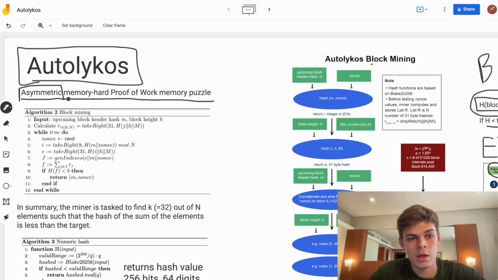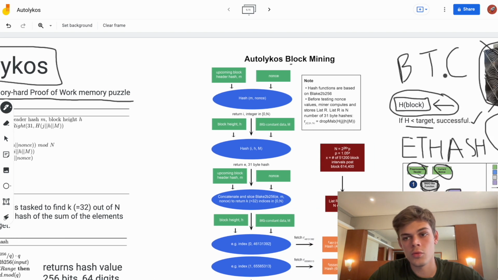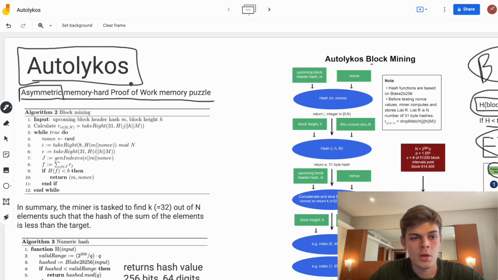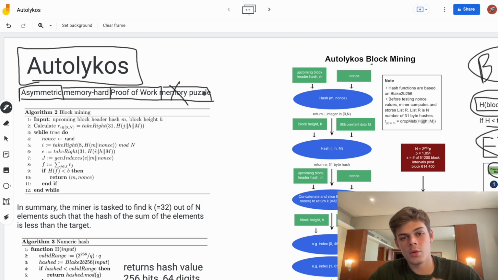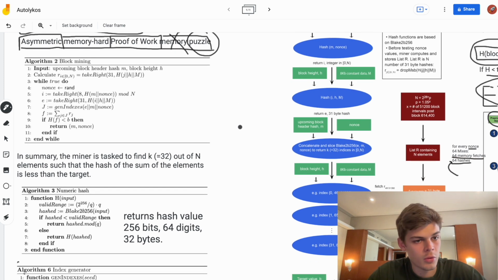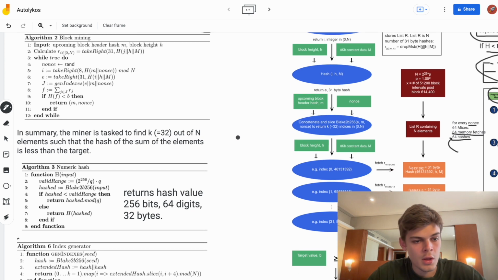So asymmetric also applies to Bitcoin and Ethereum mining, so that should all make sense. Then memory hard, we just mentioned it involves memory in the proof of work process, and then it's a memory puzzle. I think memory here is redundant, but it's a puzzle, right? So it's an algorithm protocol, one or the other.